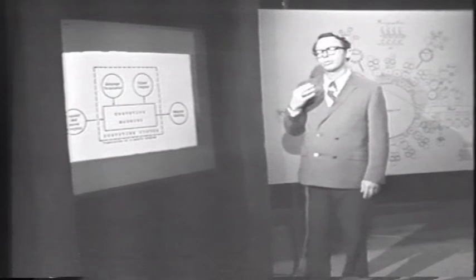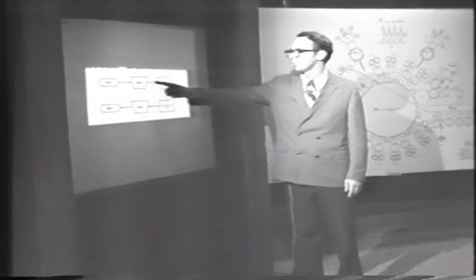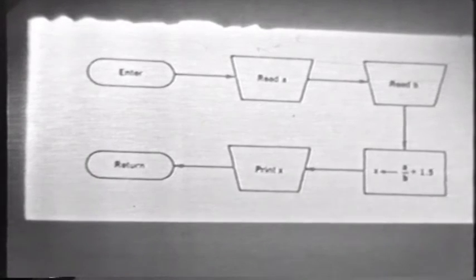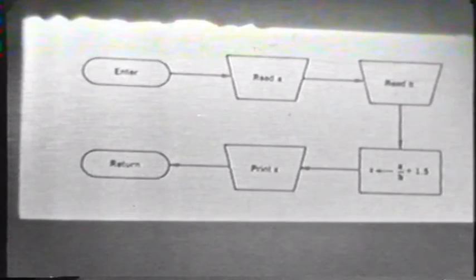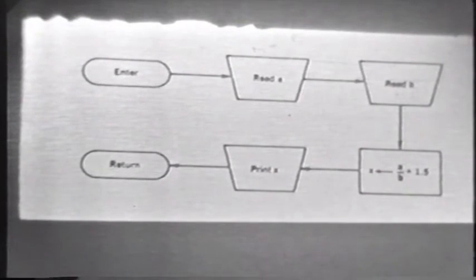Now let's go through a little small problem and look at the corresponding Fortran version of this problem. Supposing we have the problem of reading in two variables, one named A, another named B, dividing A by B and adding 1.5 to the result, and storing the result in X and printing out the result.